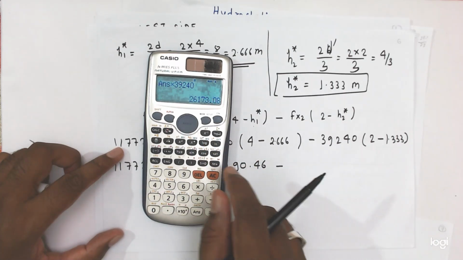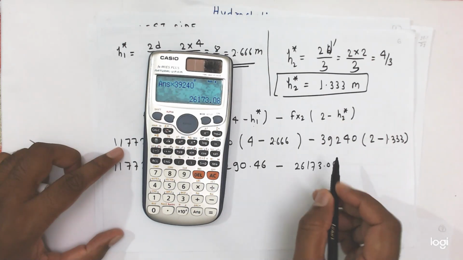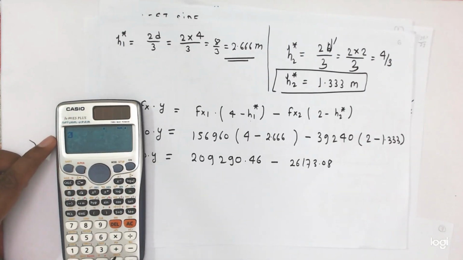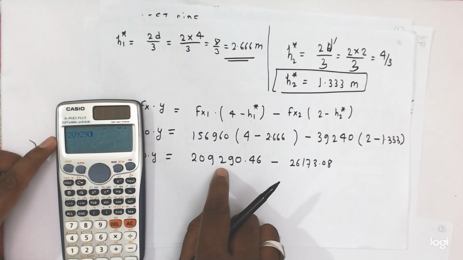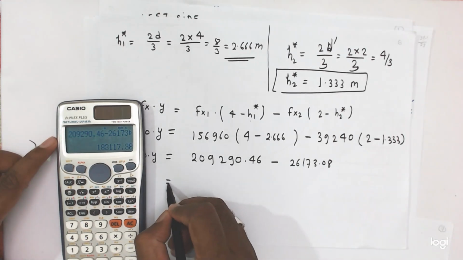It will come around 26173.08. So we can subtract here: 209290.46 minus 26173.08.